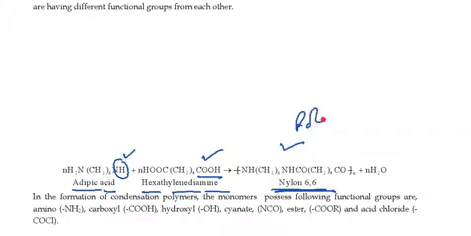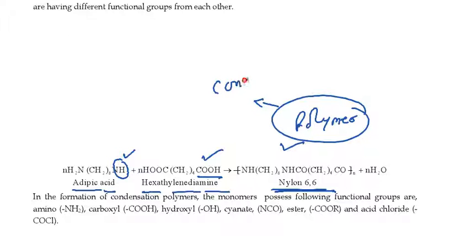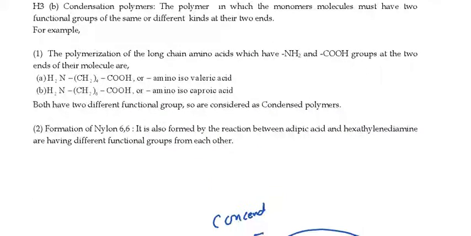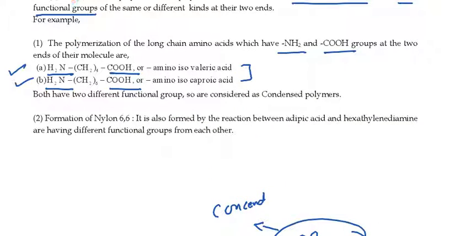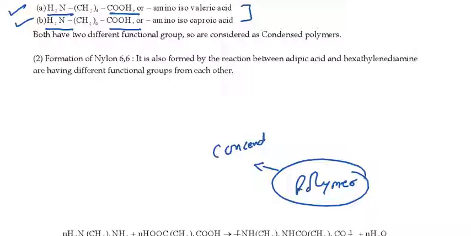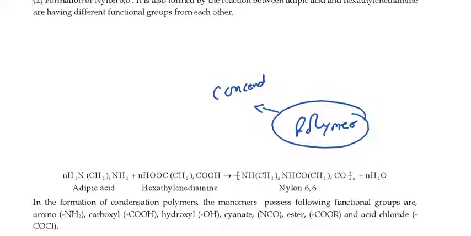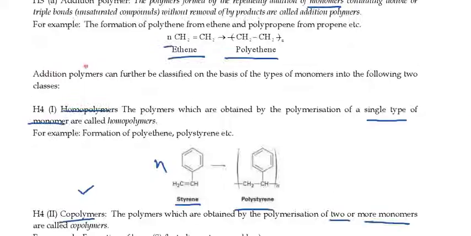The process of forming a condensation polymer is called condensation polymerization. So most commonly we divide polymers into addition and condensation, and addition polymers into homo and copolymers.